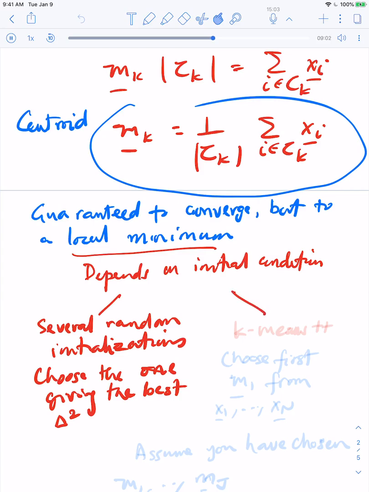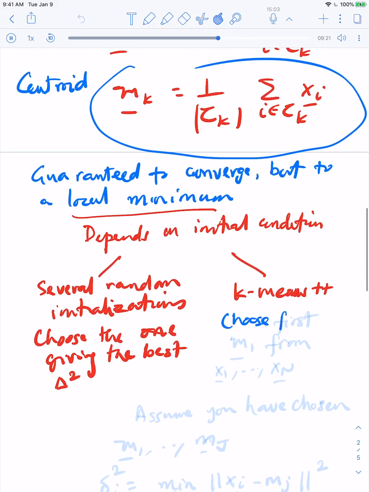The other one, which has some theoretical guarantees, is the so-called k-means++ algorithm, where the initialization is sequential, and the way that works is: choose the first point at random, so basically m1 from the training data randomly.